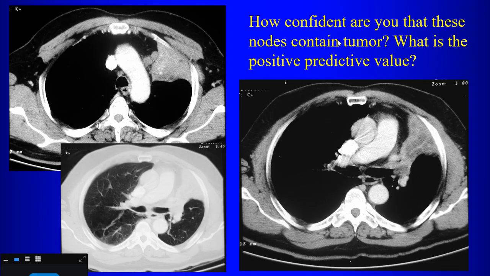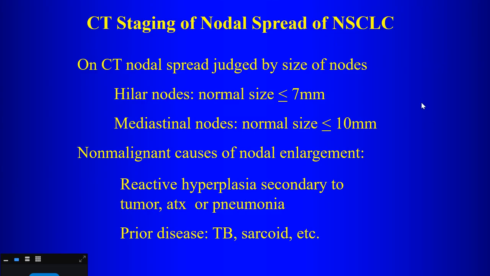Okay. Well, it turns out on CT, all we have is the size, right? So hilar nodes are usually up to 7 millimeters, mediastinal nodes up to 10 millimeters. When we're just looking at CT, all we have to go on is the size of the nodes. There are other causes for lymph node enlargement besides involvement with neoplasm. They can be reactive nodes.